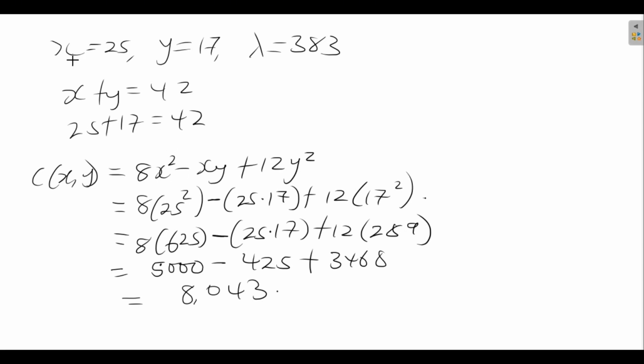Of course, the critical point X and Y being 25 and 17 are minimum point. And sometimes you can go ahead to check if they are minimum point by using what we call the second derivative test, right? Now we want to use the second derivative test. So we want to find Lxx.